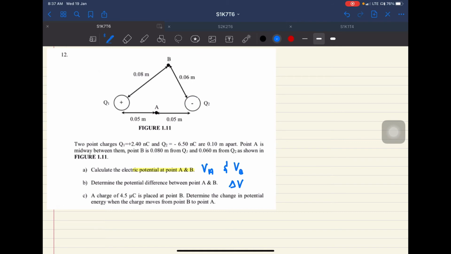Then the last one, they want you to find the change in potential energy when the charge moves from B to A. So they basically want you to find delta U. But you know delta U is equal to work, because you want to find from B to A.